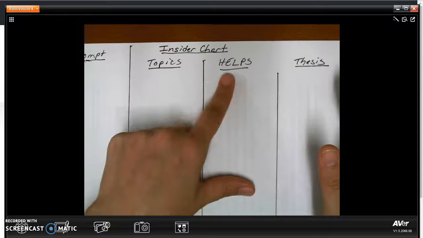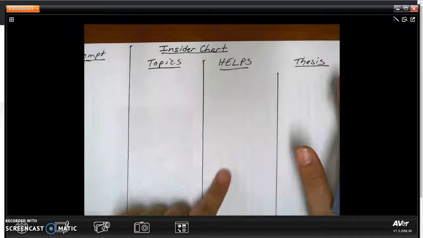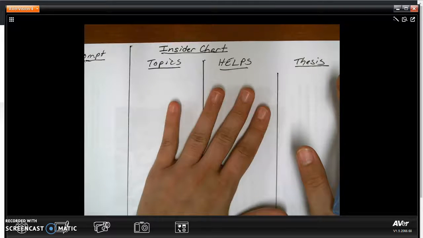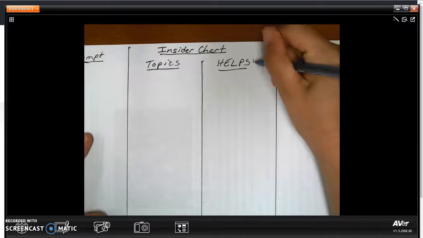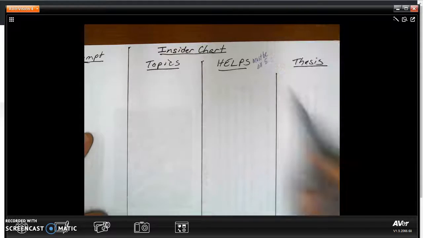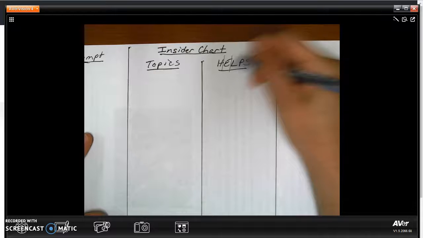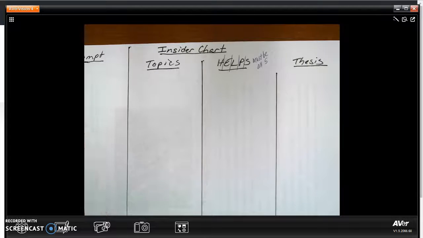For your helps chart, I do expect you to have one of each. There must be 5 helps here. So there must be all 5 here. One for the H, for the E, the L, the P, and the S. And just make something up. Okay, if you don't have a real personal experience that can add to this, make something up.